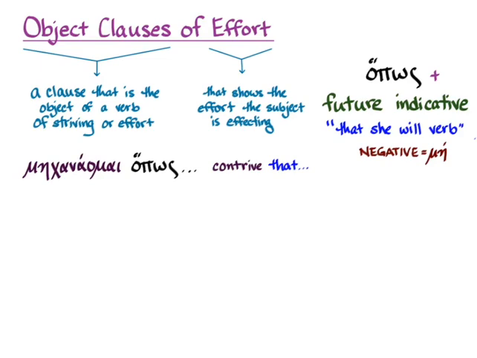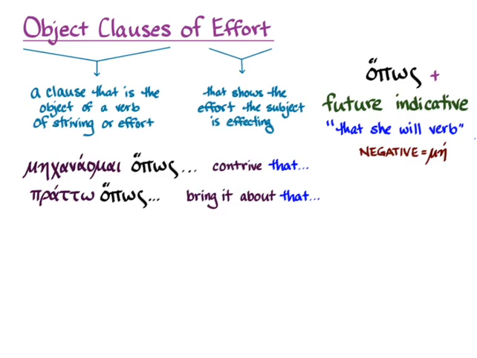And we're going to see it also with a familiar verb, but in a new definition. You can use prattō hopos to mean bring it about that. So making sure something happens.